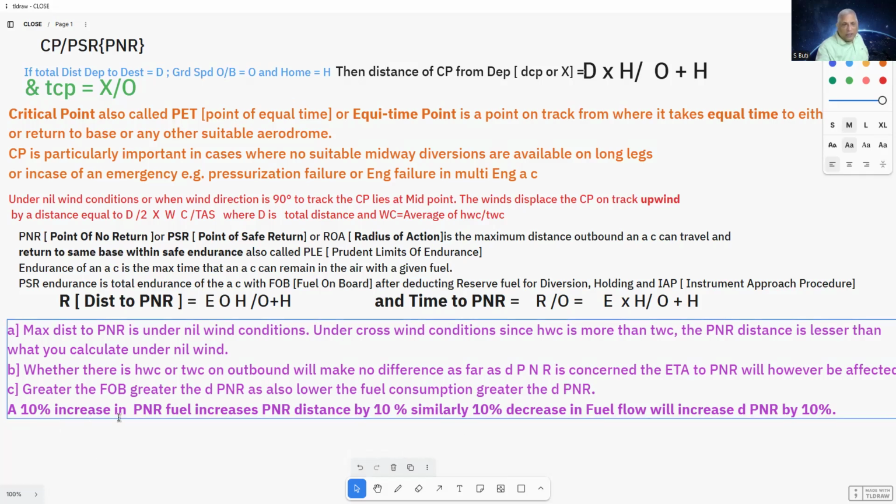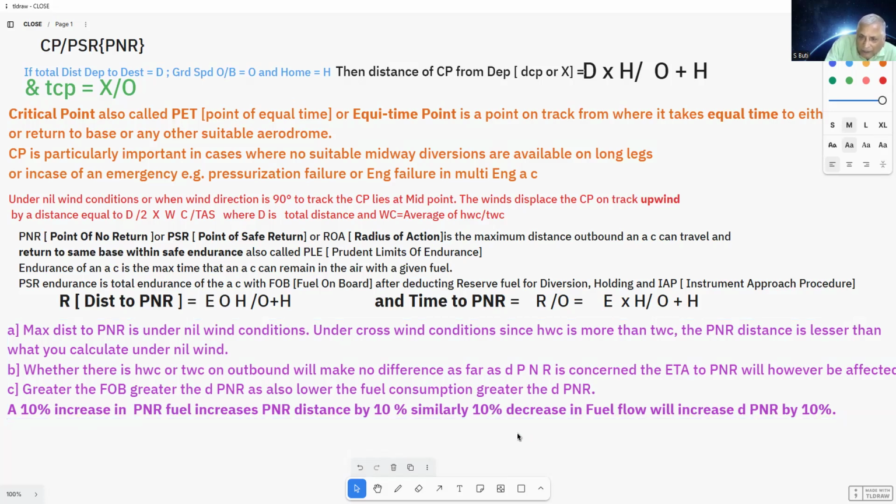A 10% increase in the PNR fuel available, not the consumption, sorry, will increase your PNR distance by 10%, and a 10% increase in consumption will result in 10% decrease of your PNR. This theory I covered earlier also. Numericals I have covered in the separate series.